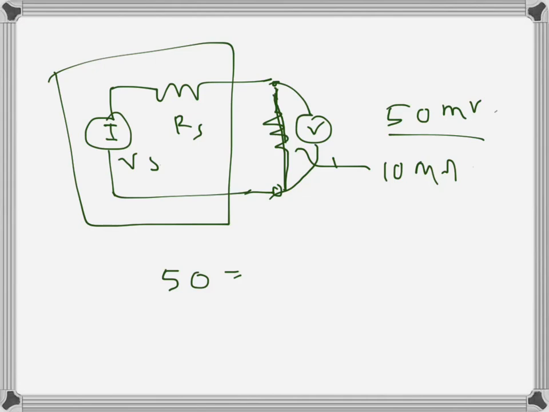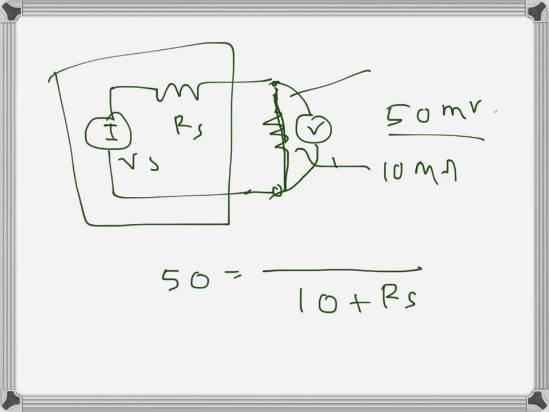So 50 millivolt is the result. If we apply the voltage divider rule, what is the voltage drop across the 10 mega ohms resistance? That will be 10 plus Rs, where Rs we are also assuming to be in mega ohms. We are not changing any of the units, so millivolt remains millivolt, and there will be a ratio of resistance, so that's okay.